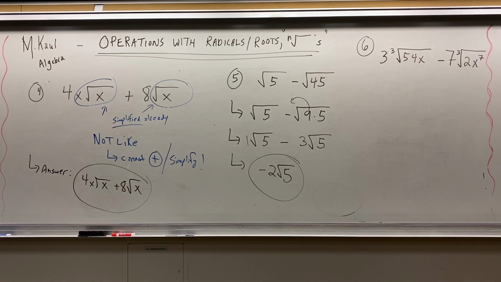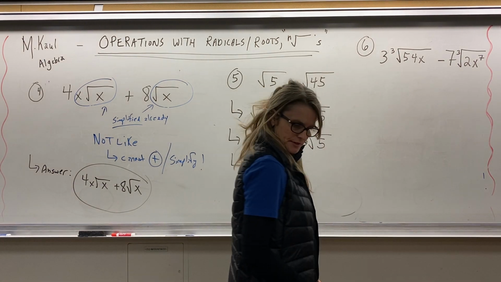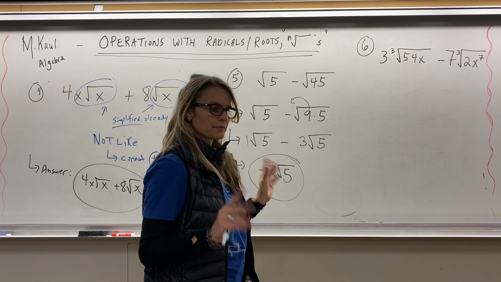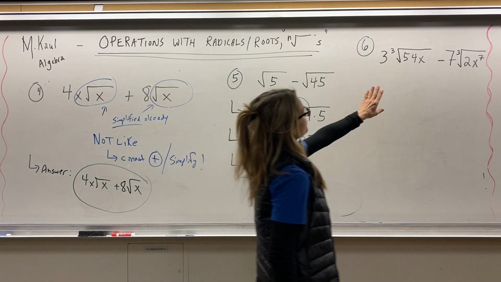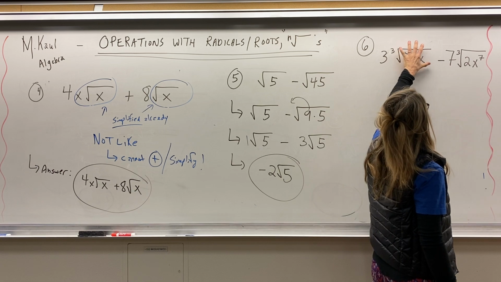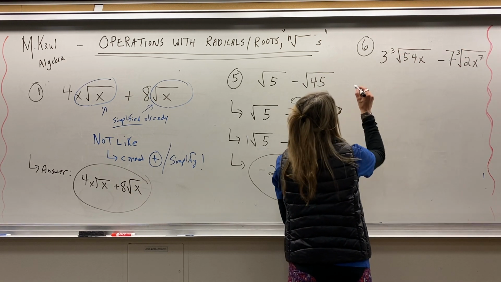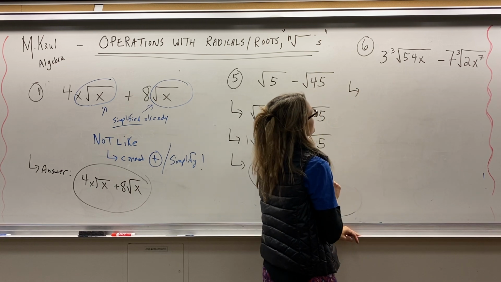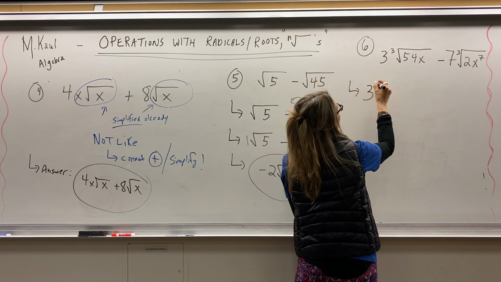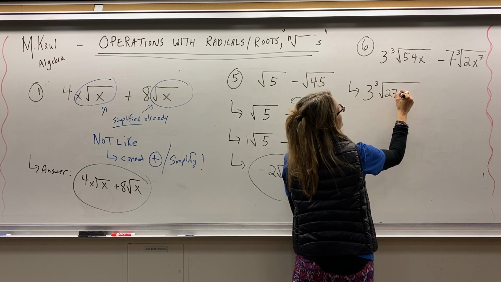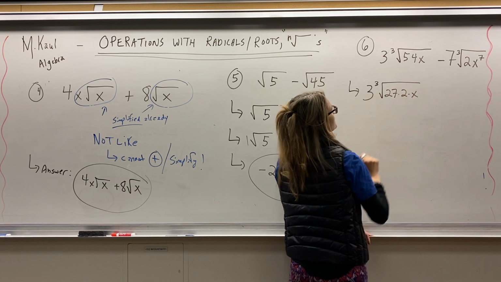This is a little bit of a jump. Okay, so we have quite a few steps involved. Possibly, we don't really know that for sure, but our first goal is always to look at these parts and say, oh, can we make these easier? Can we make these easier? Okay, so next, let's take a look. Let's rewrite this one by the simplification rules we know. So we'll rewrite this as 27 times 2 times x.